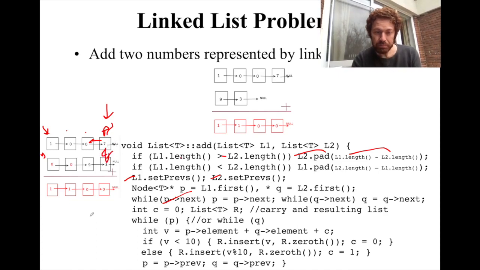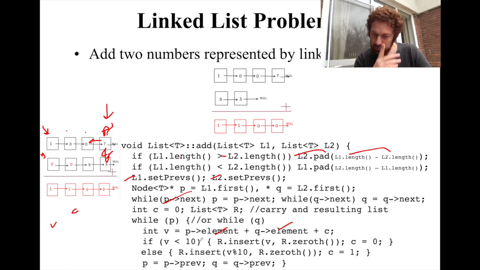Now I have this carry initially 0, C is 0. I will create a new linked list as my output. So the value to be inserted to the new linked list will be the following: 7 plus 3, which is P.element plus Q.element, plus the carry, which is initially 0, right? So I have value equal to 10. If value is less than 10, then there won't be any carry.